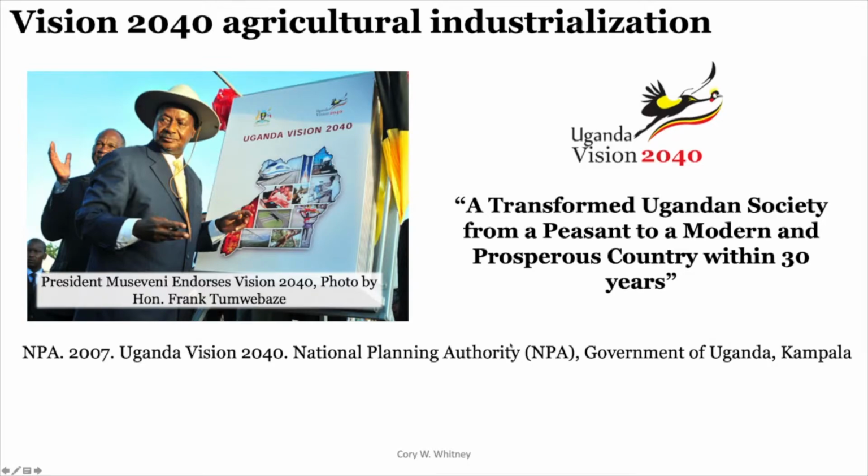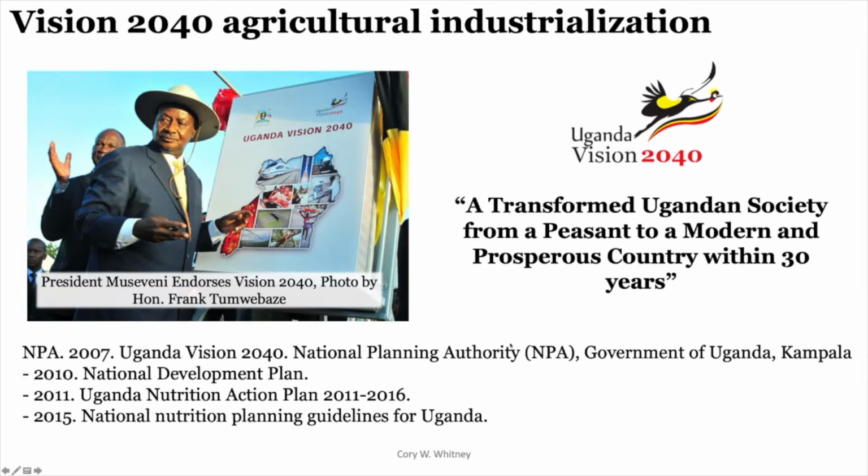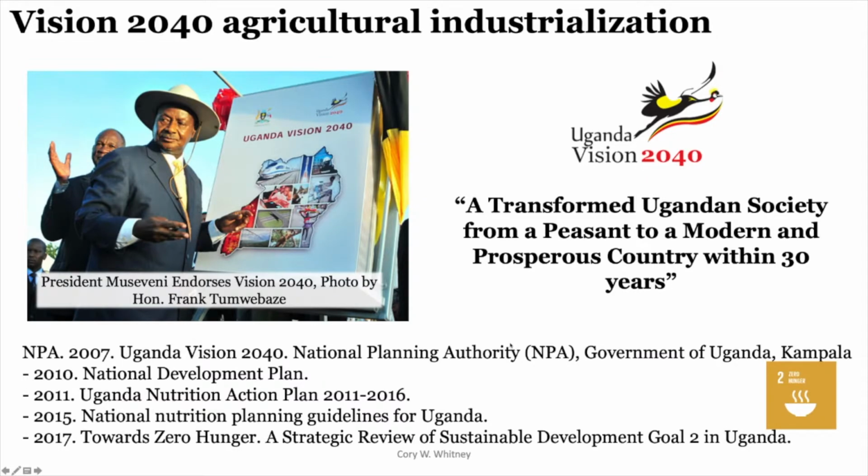This is incorporated into the National Development Plan, and it's aimed at addressing Uganda's development goals in relation to SDG 2, zero hunger. All of those policies are focused on achieving this goal.